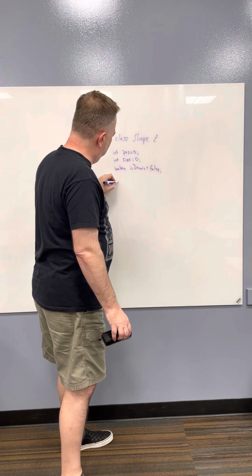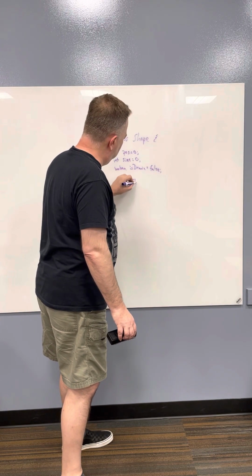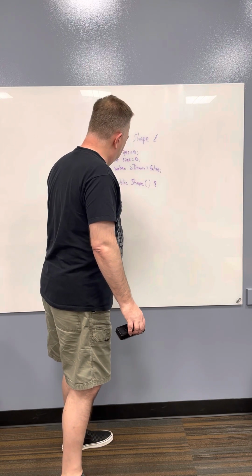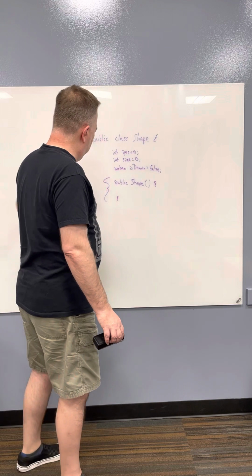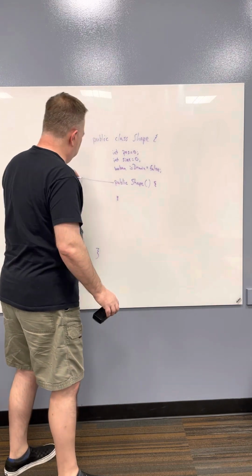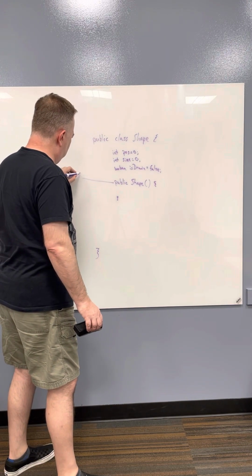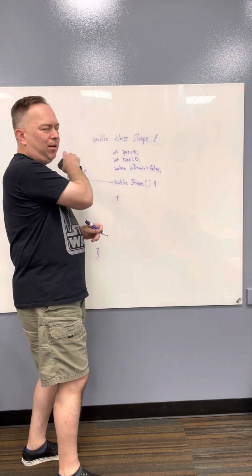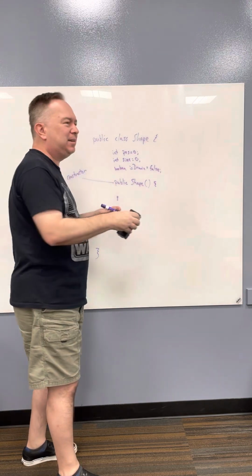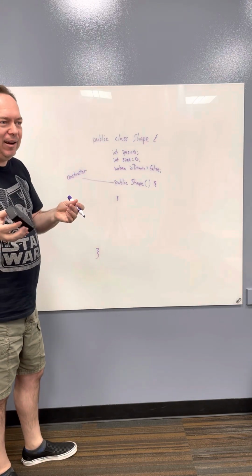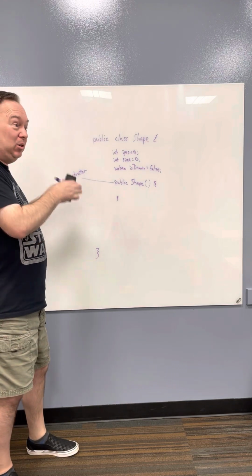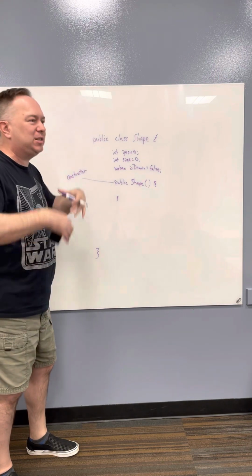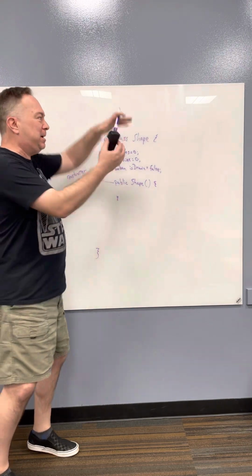So here's your public shape. Now this thing right here is called a constructor. Because when your driver class calls it, it's going to create a shape, an instance, right? It's going to create an instance, like you're going to build a house from the blueprint. Okay, so that is a constructor because it constructs a shape from the shape class.